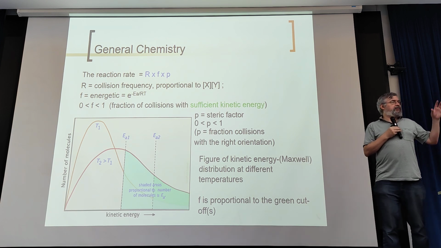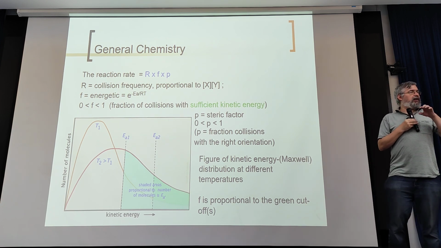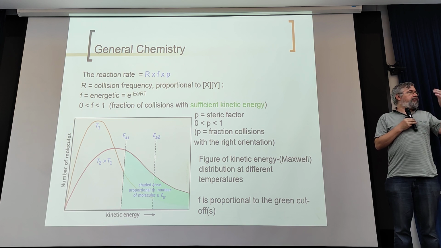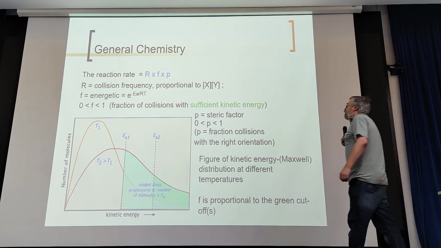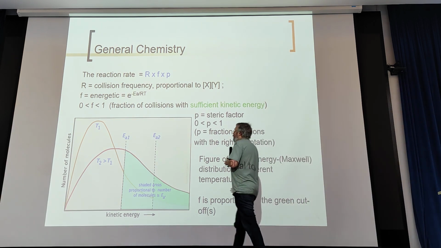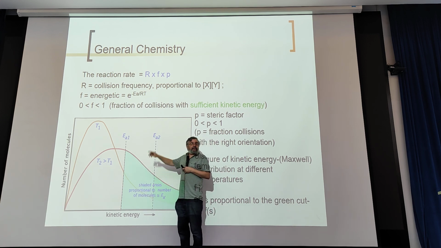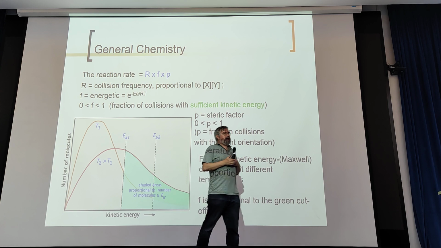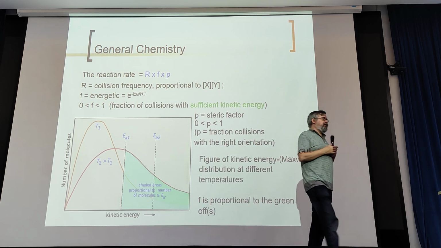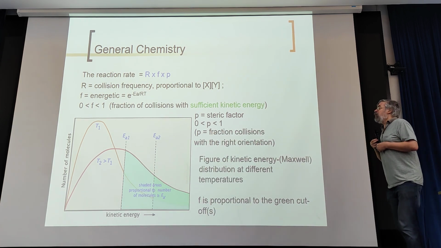So we divide the activation energy by RT, and we get the ratio. This part from this graph is e to the minus EA over RT.